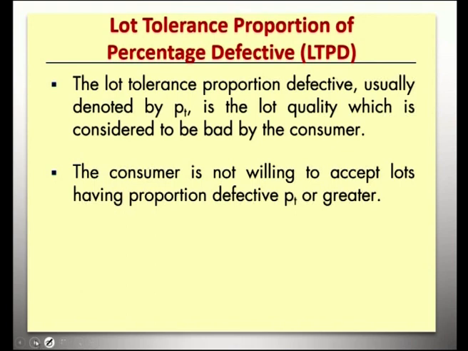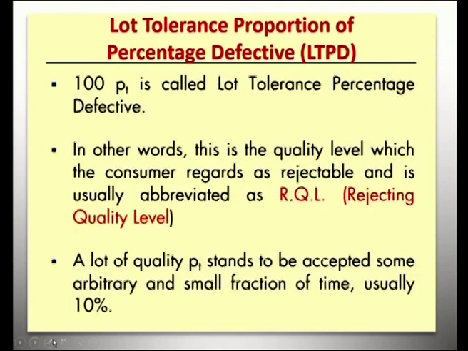The lot tolerance proportion defective, usually denoted by PT, is the lot quality which is considered bad by the consumer. The consumer is not willing to accept lots having proportion defective PT or greater. 100 PT is called the lot tolerance percentage defective.